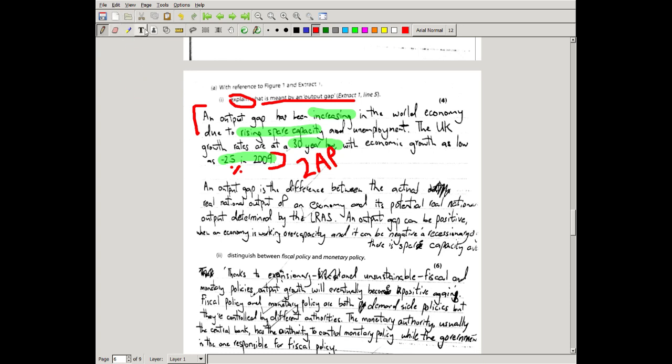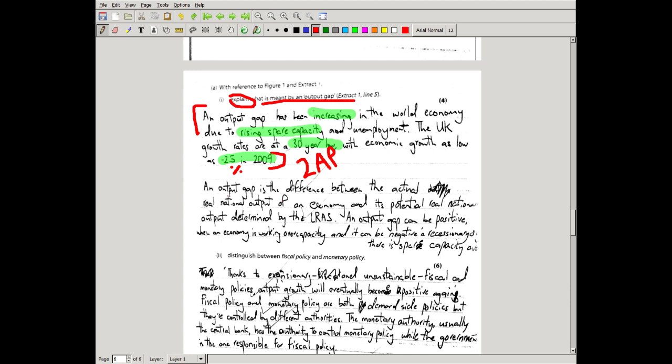One thing to know here is that I have mentioned LRAS, the long-run aggregate supply. You can just mention the entire term. I will advise you to mention the entire term rather than use abbreviations like I did. It shows the examiner that you understand the term. Anyhow, so that's the definition.